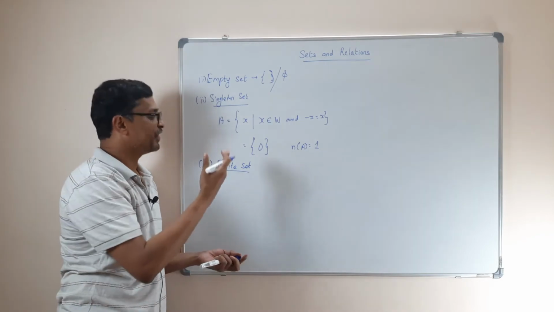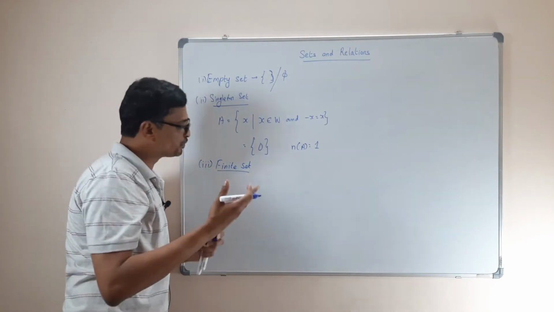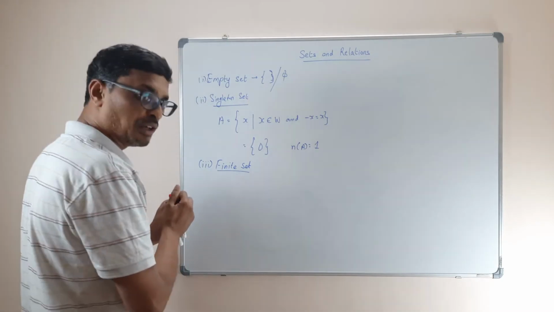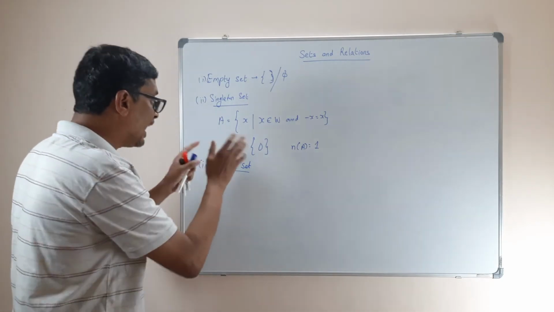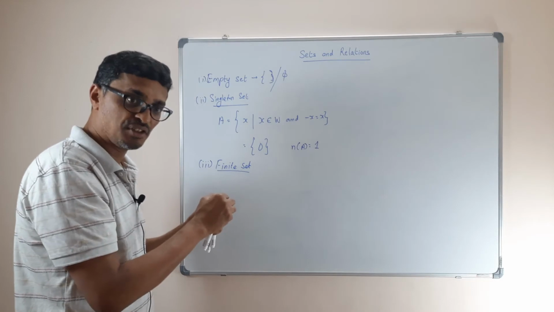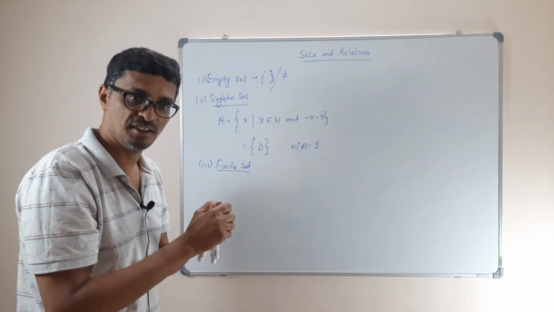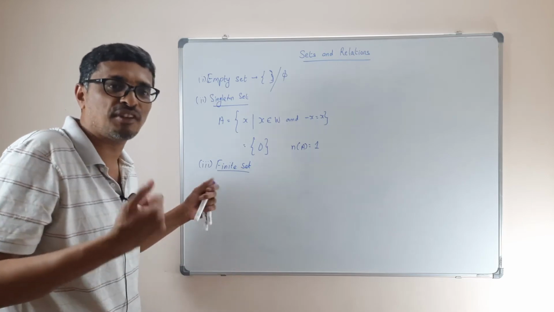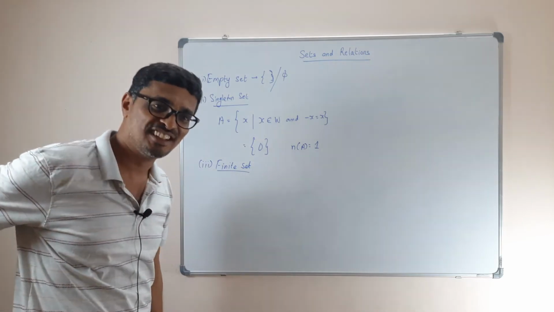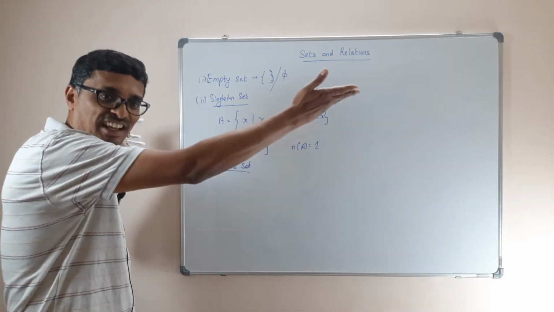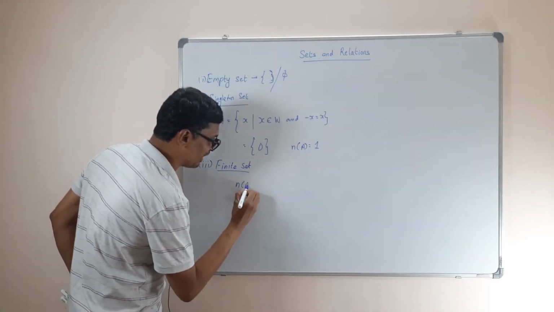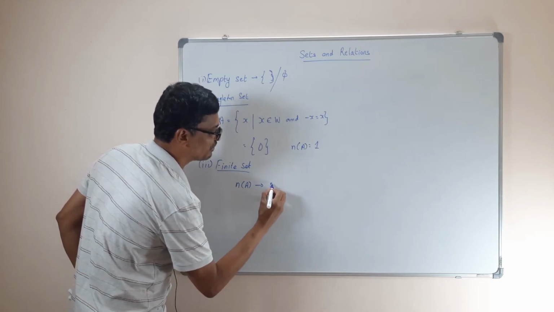The point is, in a finite set, n of that set should be a finite number. It should not be infinite. When I form a set of natural numbers, is it a finite set? No, because I have infinite numbers. Correct. So in a finite set, n of A should be finite.